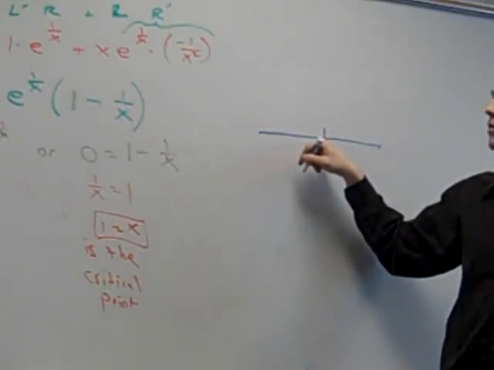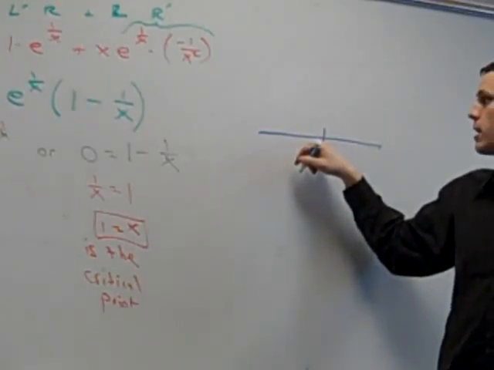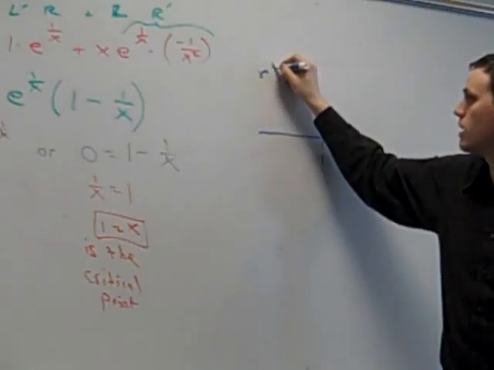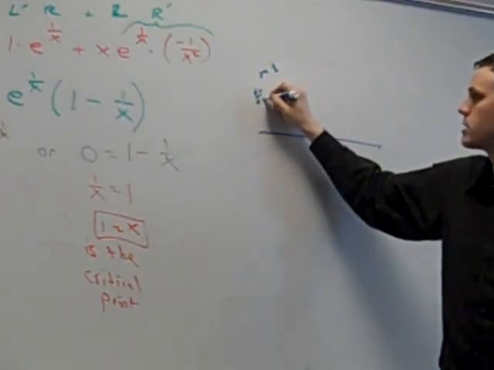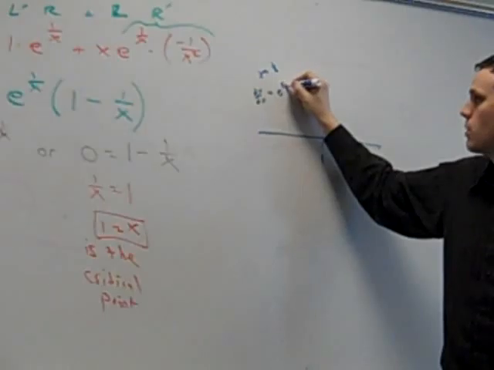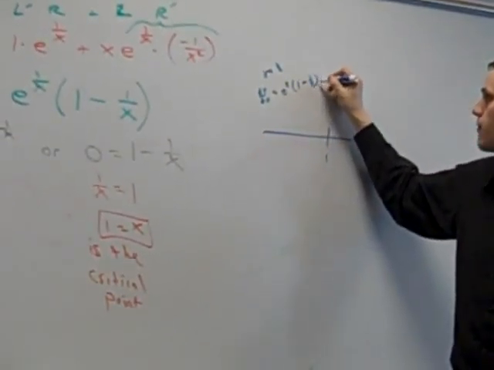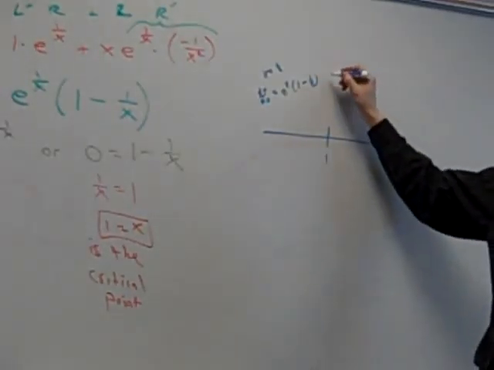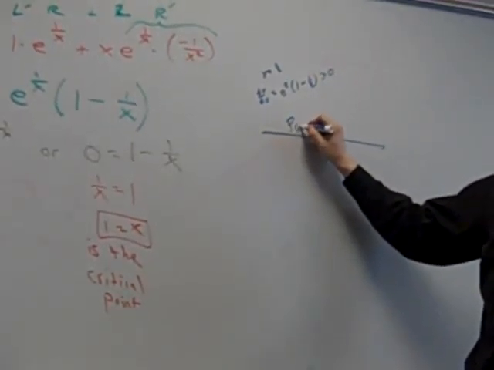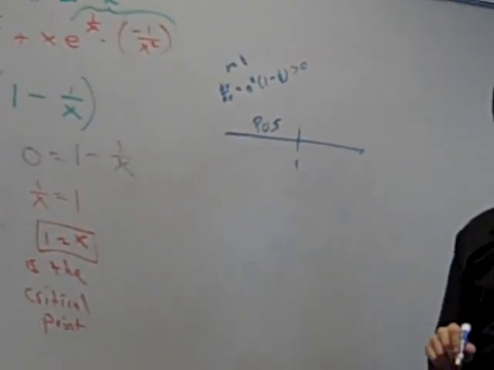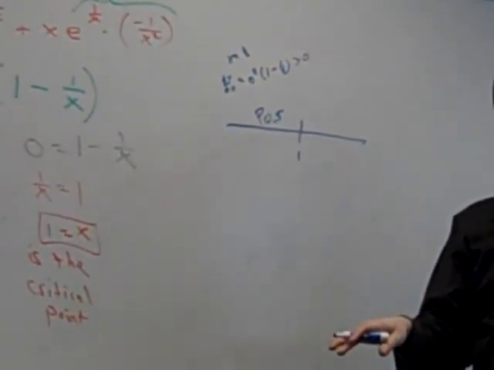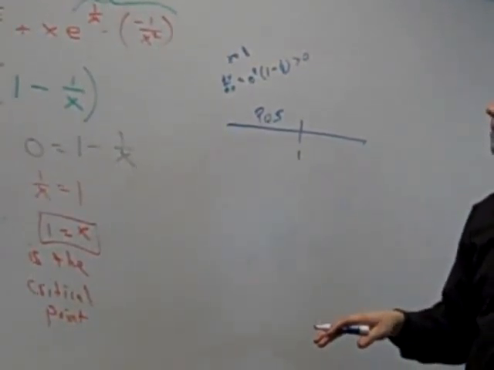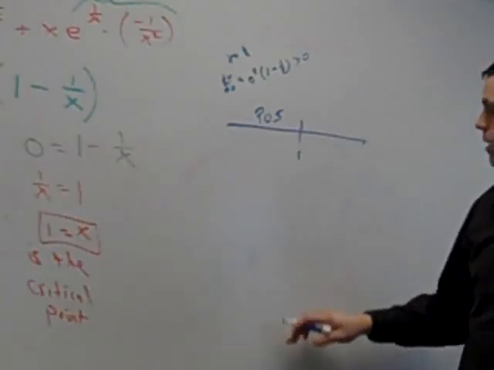like a half. If I plug in x equals 1/2, dy dx would equal e squared times 1 minus 1/2. What do I notice about this number? Positive. Wait, it should be 1 minus 2. Oh, whoops.